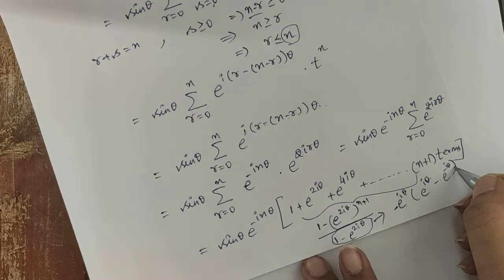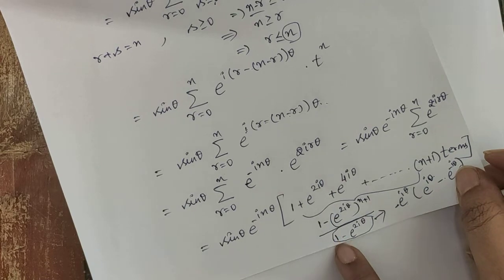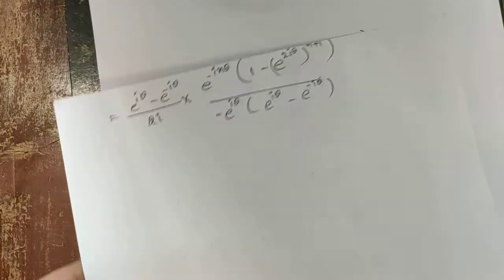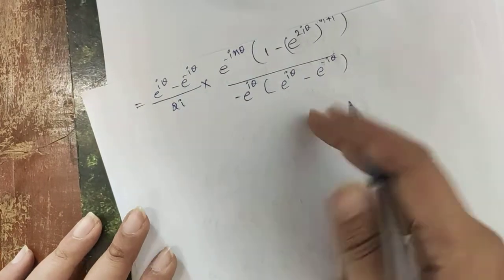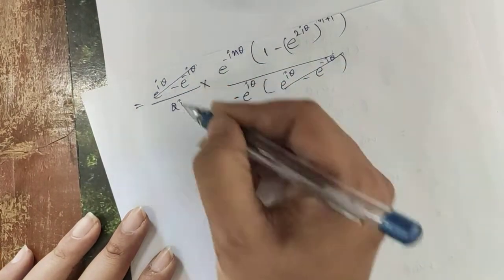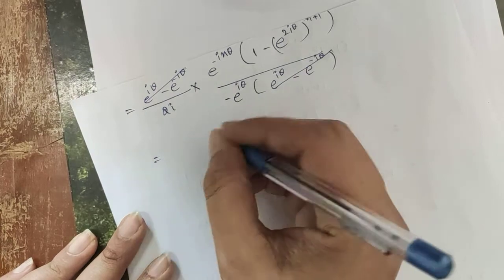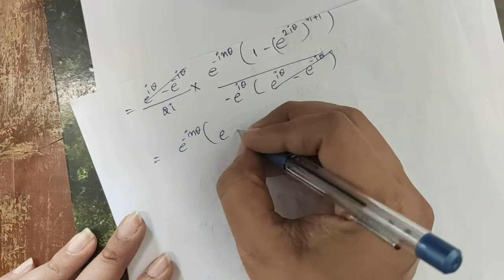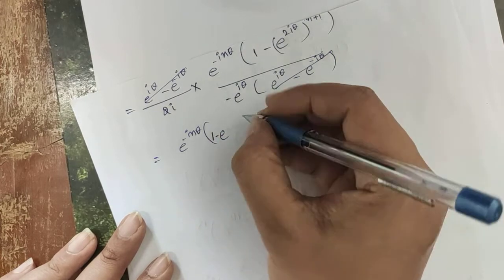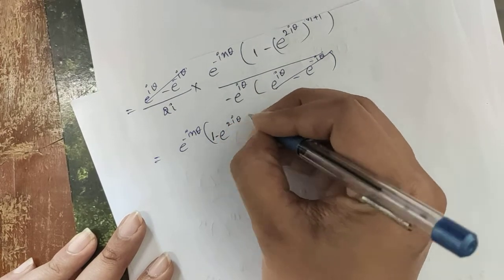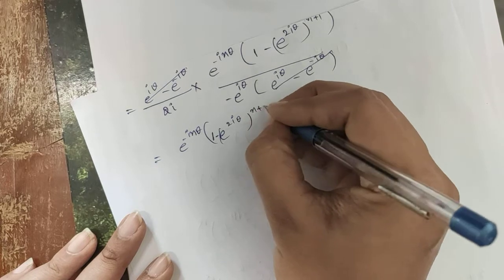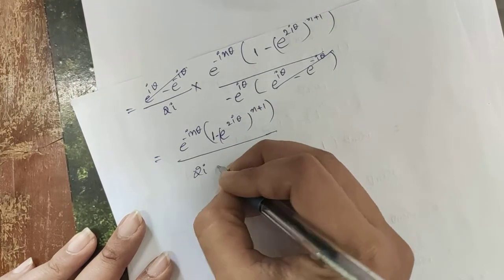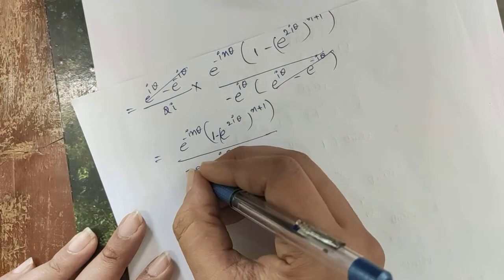E power 0 is nothing but 1, right? So we are getting 1 minus e power 2 i theta itself. So I have written in this way. Now I can cancel these two terms. So we will get e power minus i n theta into (1 minus e power 2 i theta) whole power n plus 1 divided by 2i into e power i theta with negative sign.